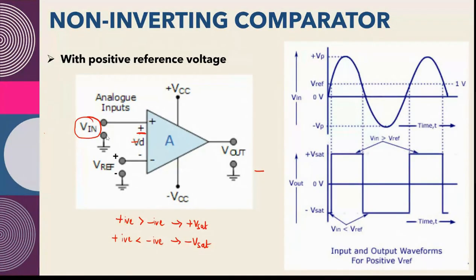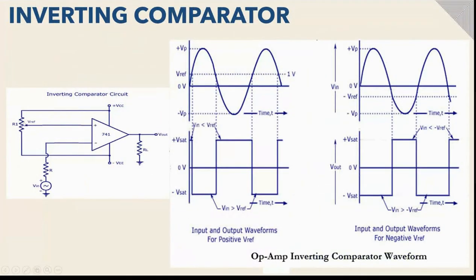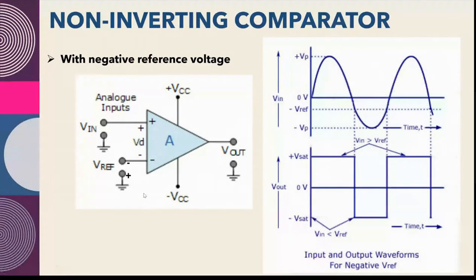In the next slide you can see the input signal. We are giving it to the negative terminal. If we give it to the negative terminal of an op-amp, then it is an inverting comparator. Clear? Difference understood?